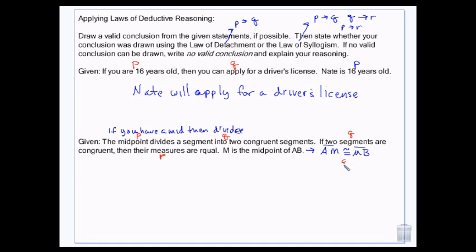That's going to be my Q. Your R is the... So my conclusion, my measures are equal. Okay. So the fact that I had a midpoint gave me the 2 congruent segments. And the fact that I had the 2 congruent segments gave me equal measures. So invalid? It's valid. These were both valid.